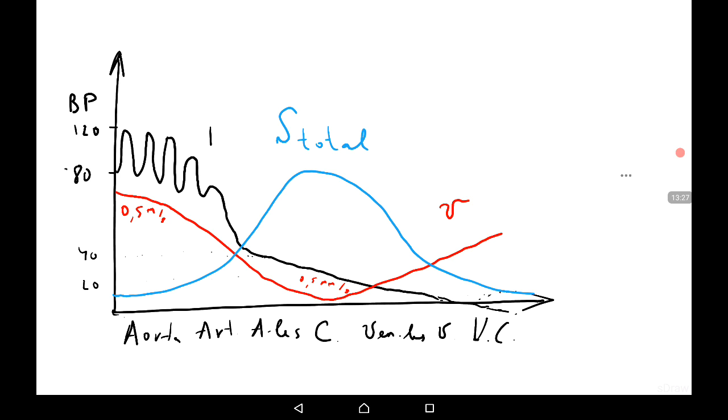So the surface of cross-section is inversely proportional to the linear velocity. The more is cross-section, the lower is the velocity, and vice versa.